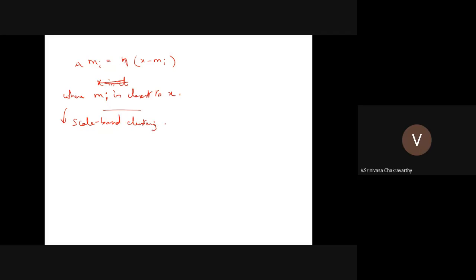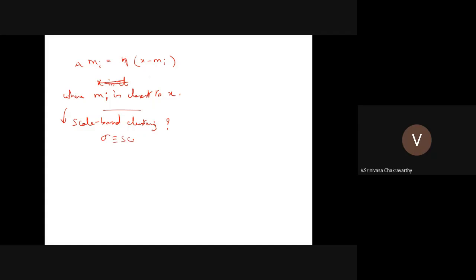How do I transform this equation into a scale-based clustering algorithm such that a given centroid will move towards a given data point only if they are within a certain scale? I give you some scale parameter. Okay, so let us give a number like sigma.